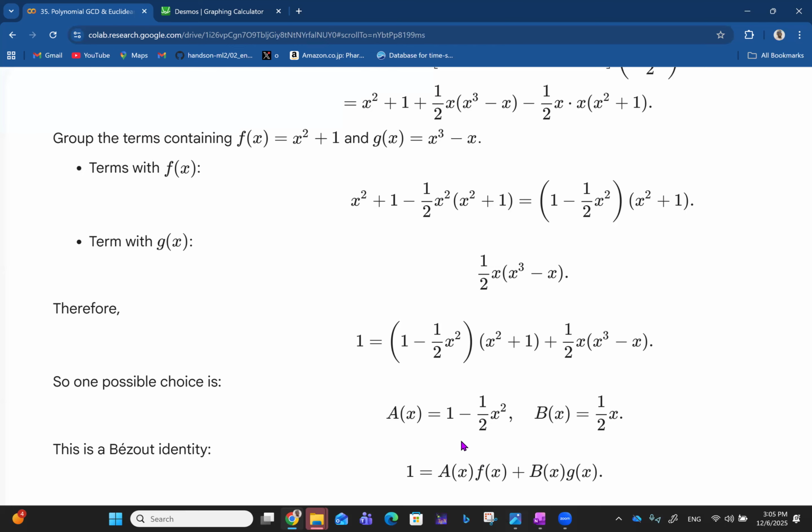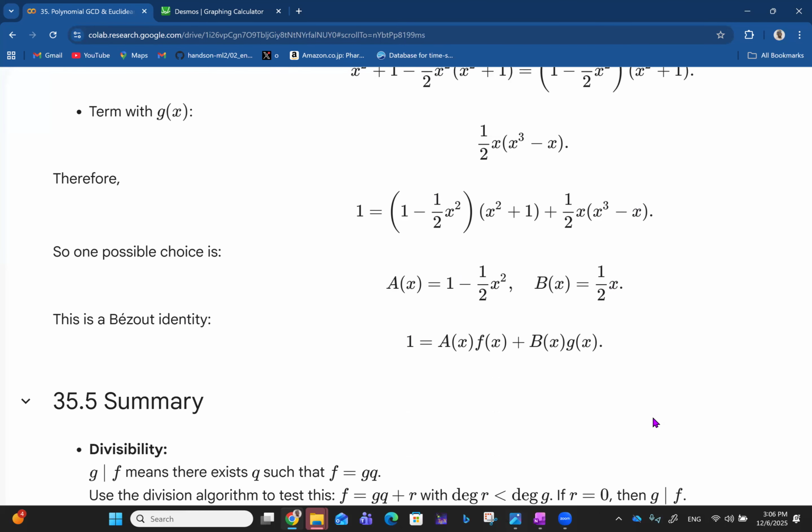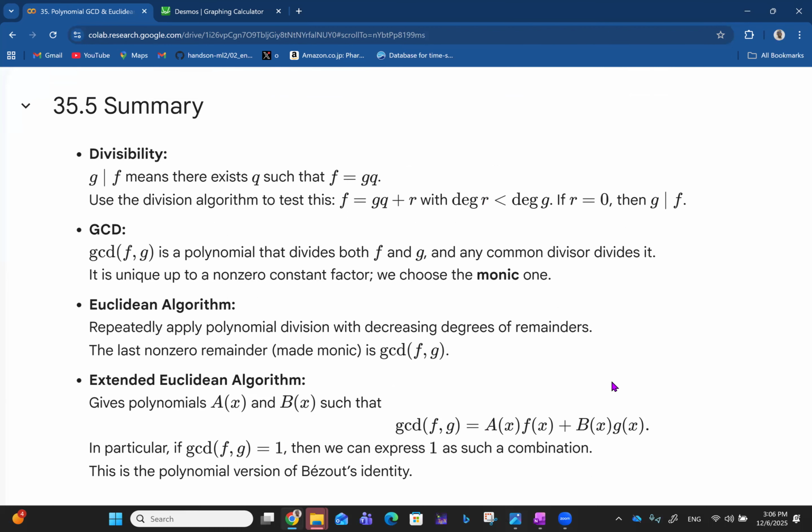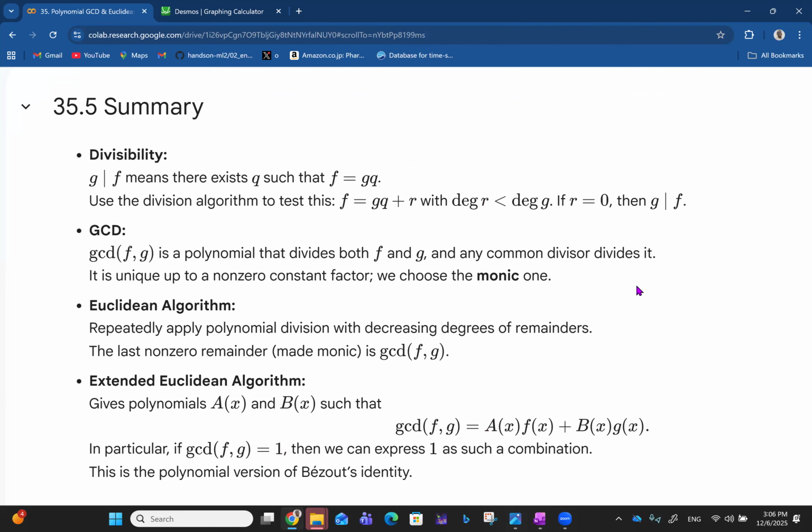This is a Bézout identity, which tells us that the greatest common divisor is a of x times f of x plus b of x times g of x. It looks like a tedious process, but I'm going to take one example in the practice questions to drive home the point so we can get an overall picture of this.